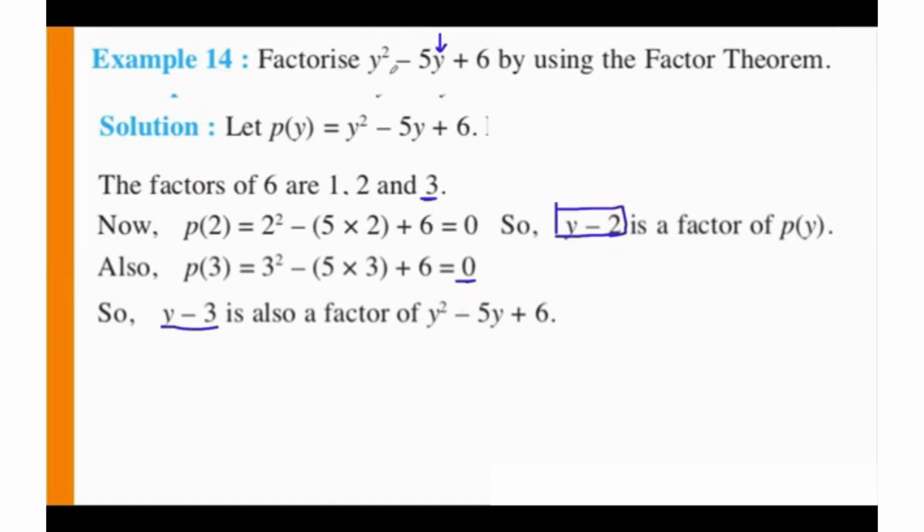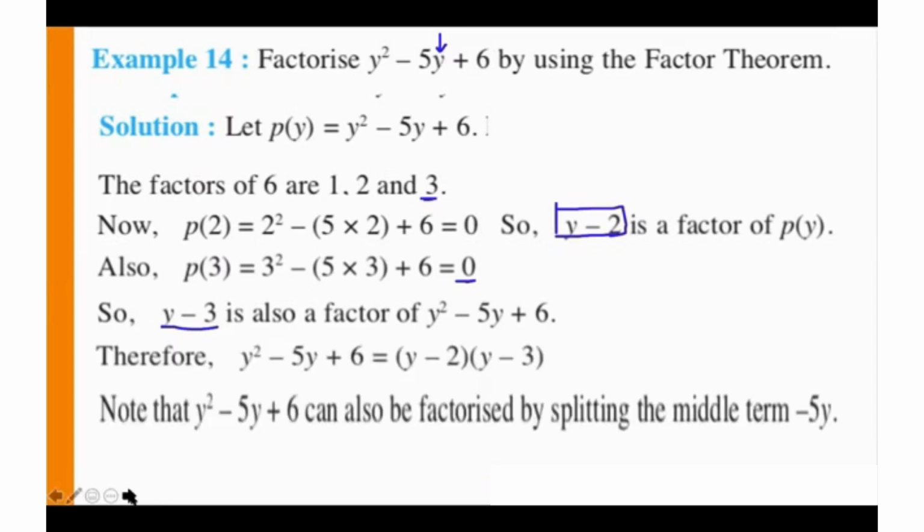And quadratic polynomials can have at most 2 factors only. Therefore, we have found the 2 factors of this polynomial. So the factors are y minus 2 and y minus 3. Note that this polynomial can also be factorized by using the splitting method, by splitting the middle term minus 5y.